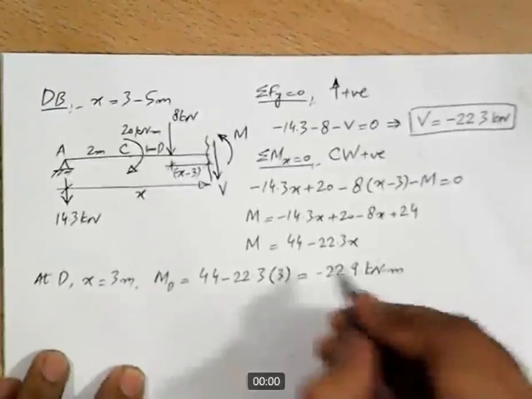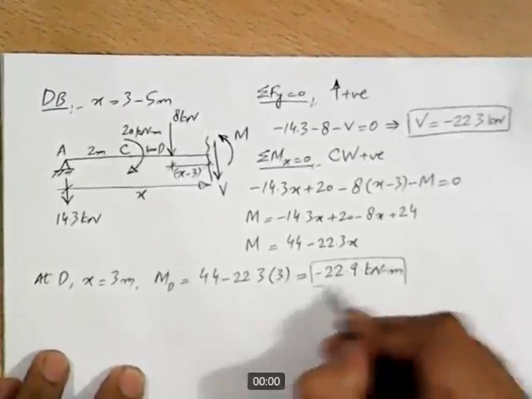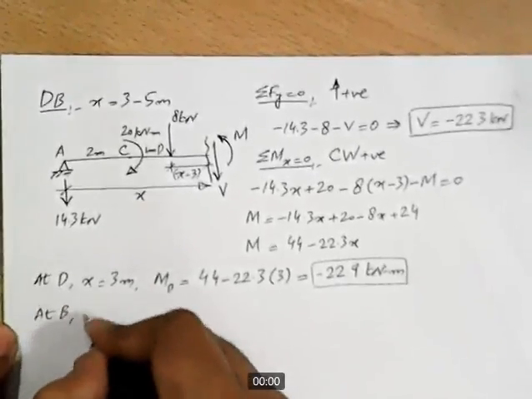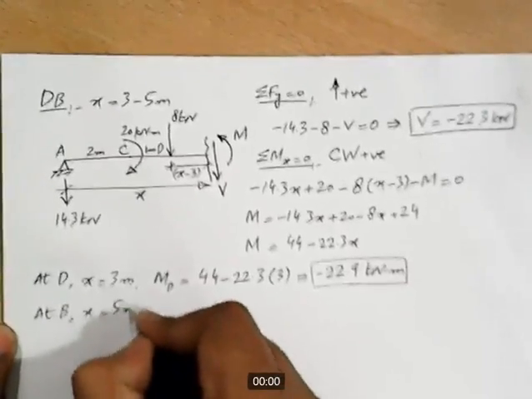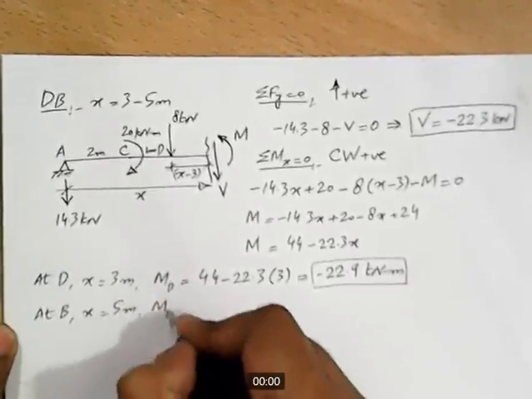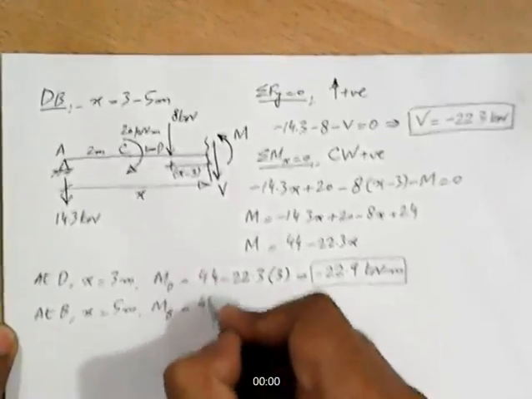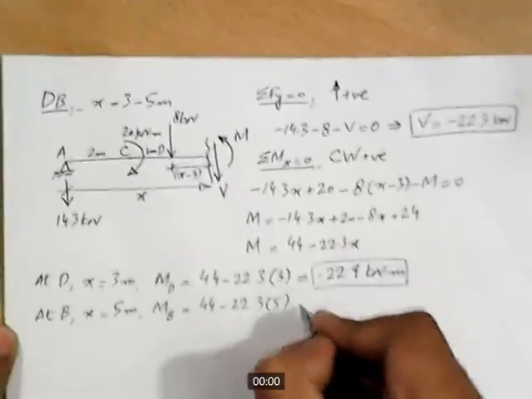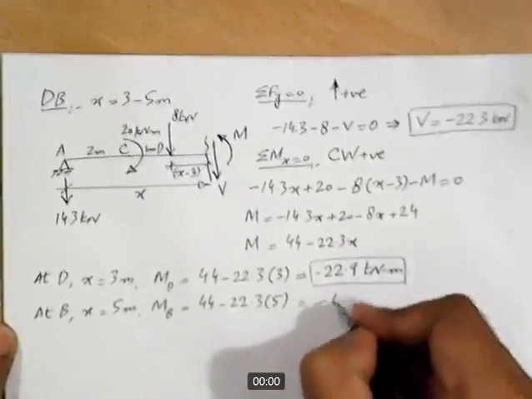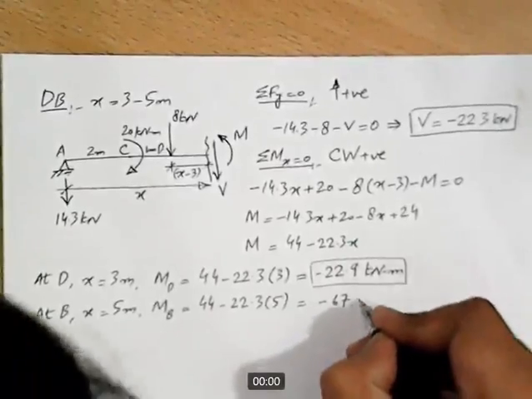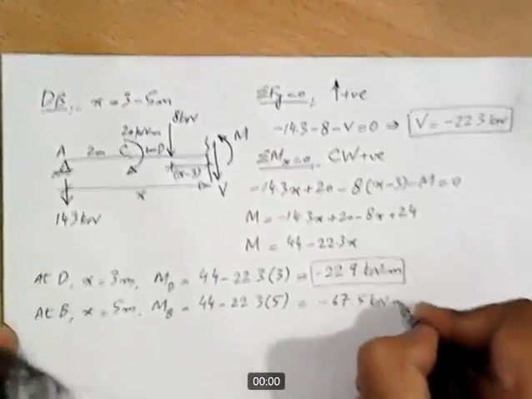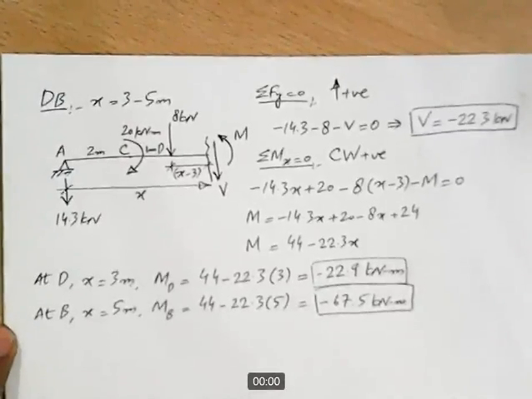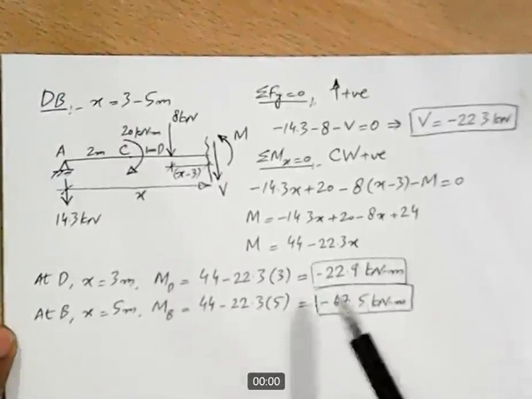This is the value of moment at point D. And at B, x is equal to 5 meters. So MB comes out to be 44 minus 22.3 into 5, and the answer is minus 67.5 kilonewton meter.